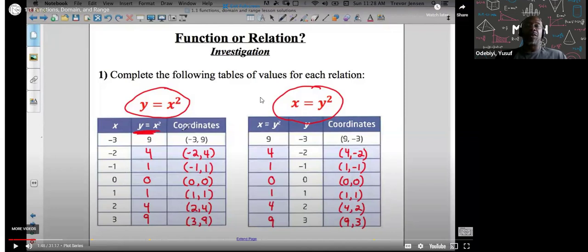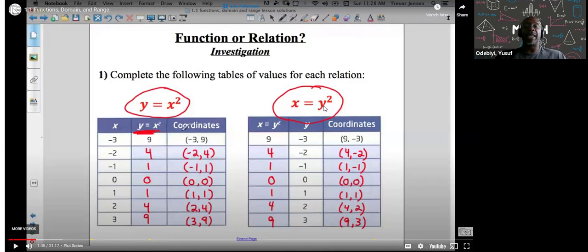Now, if you were to look at it the other way around, this here is not a function, because if x is a certain amount, y could be a couple of the same numbers. So watch, if x is 9, y could be -3. If x is 9, y could be +3.